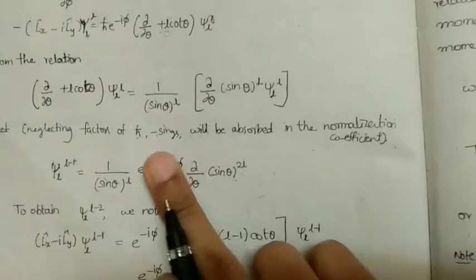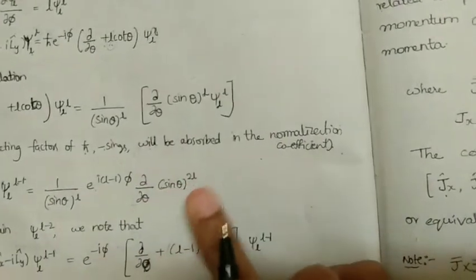And again this is taken out in the constant. So it is a constant, and another ∂/∂θ sin θ to the power 2L.